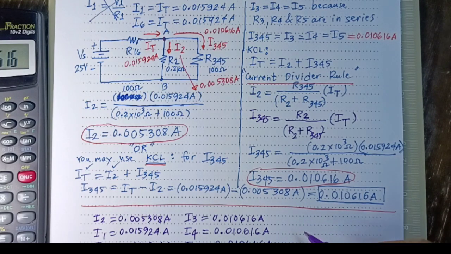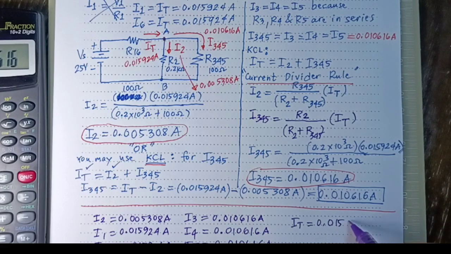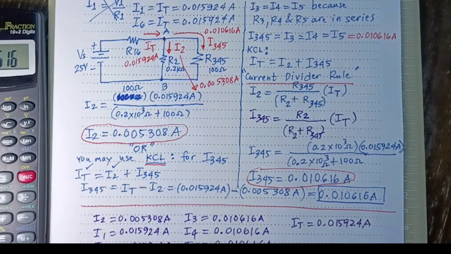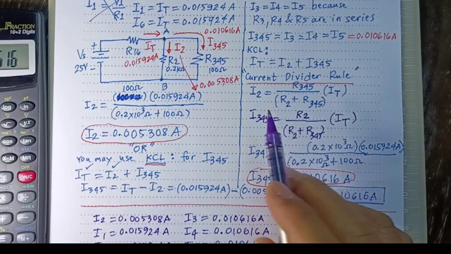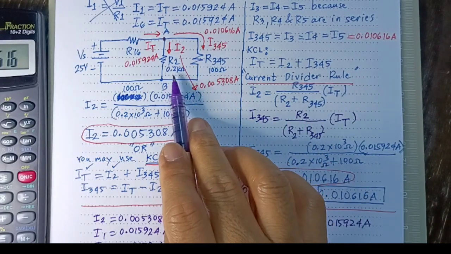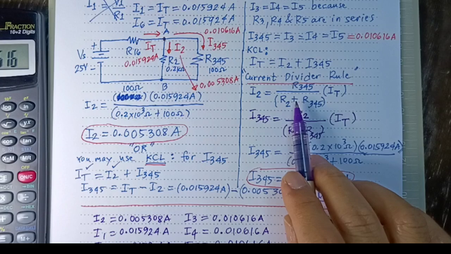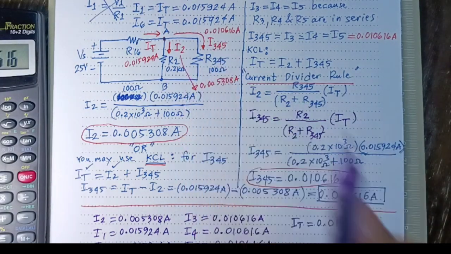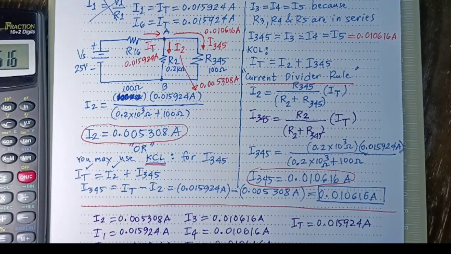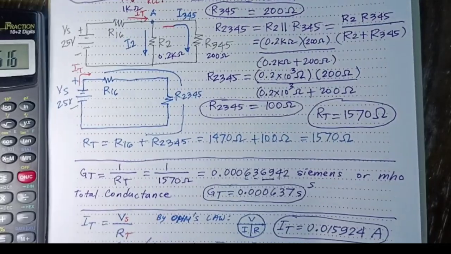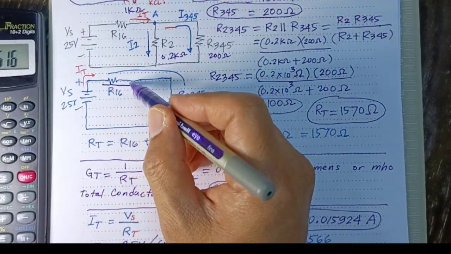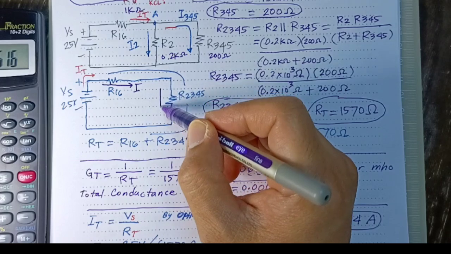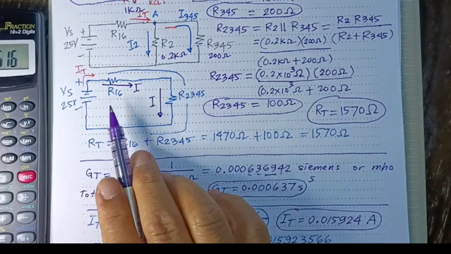That's what will happen. And of course, we have the I total equal to 0.015924 amperes. So, in other words, by using the current divider rule for these two parallel resistors, we got the answers for I2 and I345. After that, if you go back to our previous circuit here, the current that goes here and the current that goes over here will also be the same.